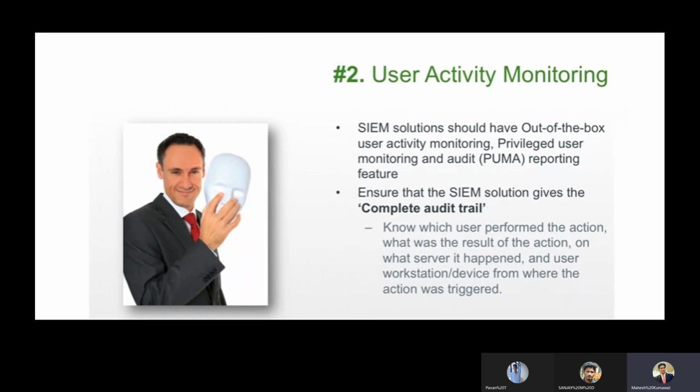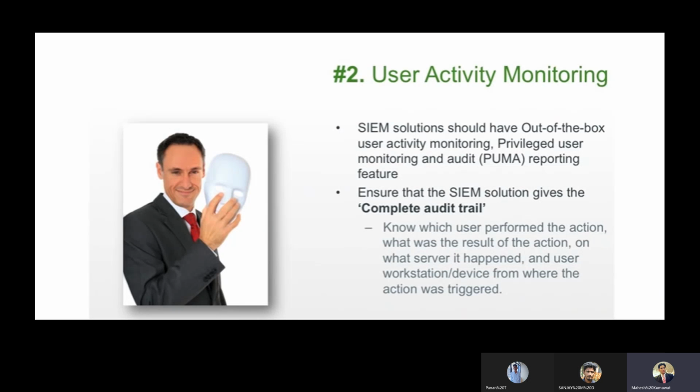Number two is user activity monitoring. SIEM solutions should have out-of-the-box user activity monitoring, privileged user monitoring and audit reporting features. Ensure that the SIEM solution gives the complete audit trail.